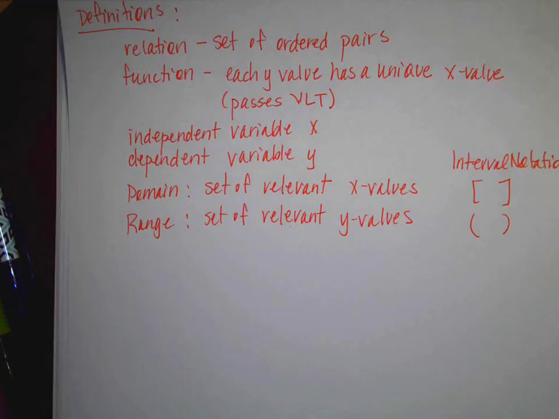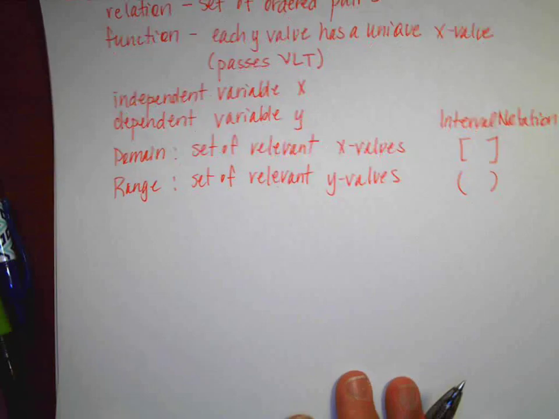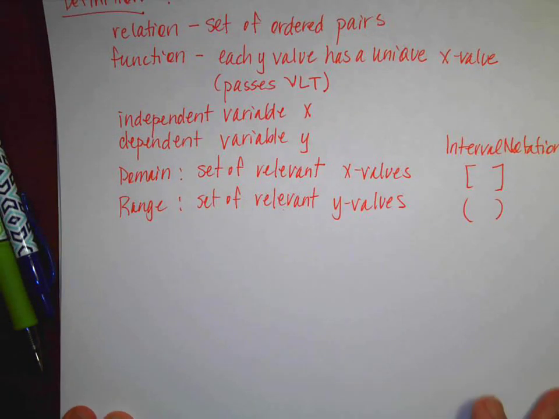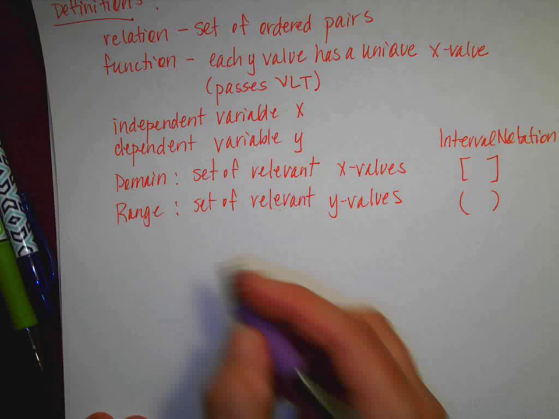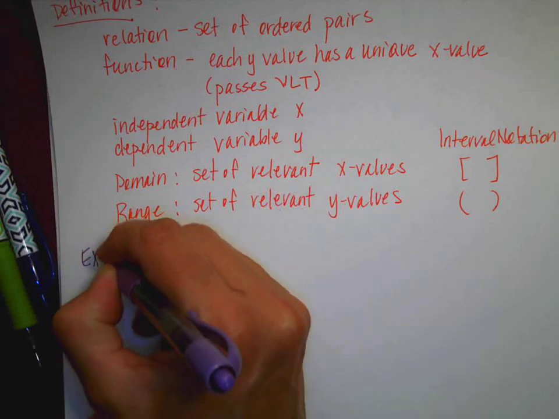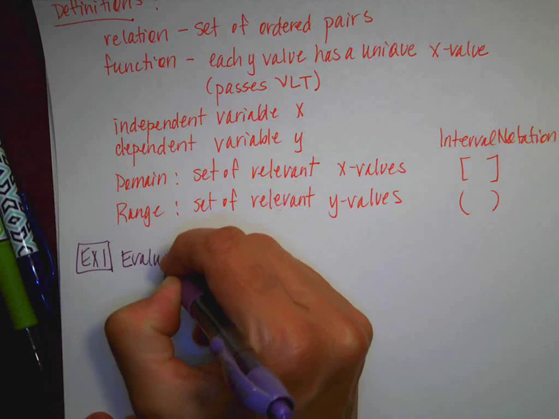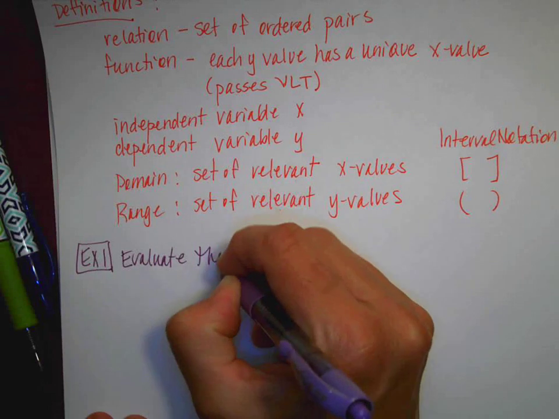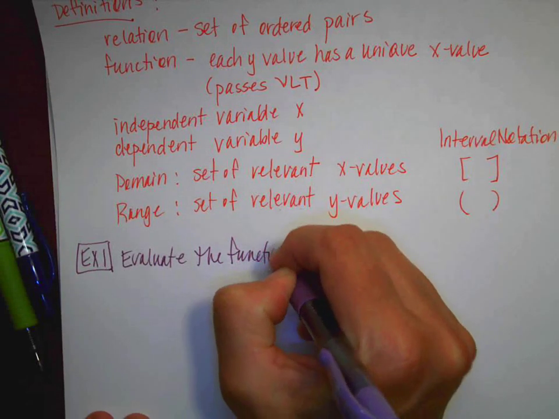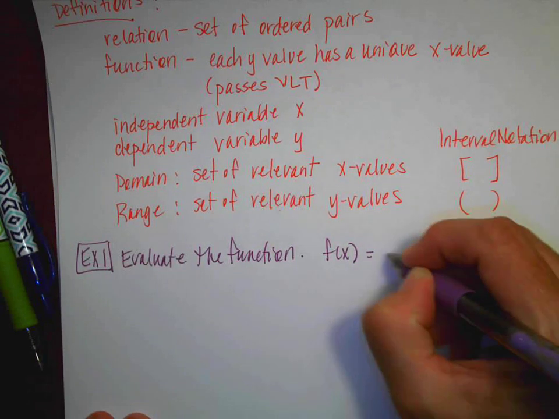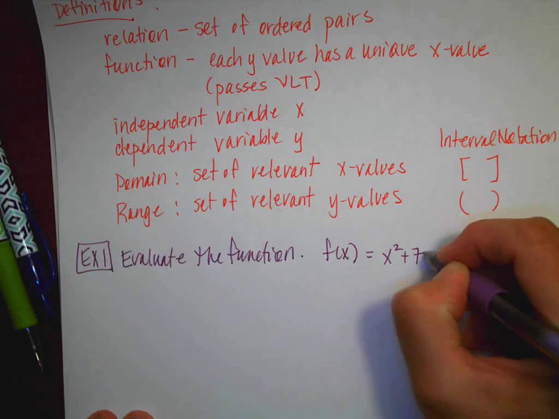Alrighty, so now we're ready to start our first topic. That one's going to be, let's evaluate a function. So example number 1 is going to be evaluate, and our function is going to be f of x is equal to x squared plus 7.